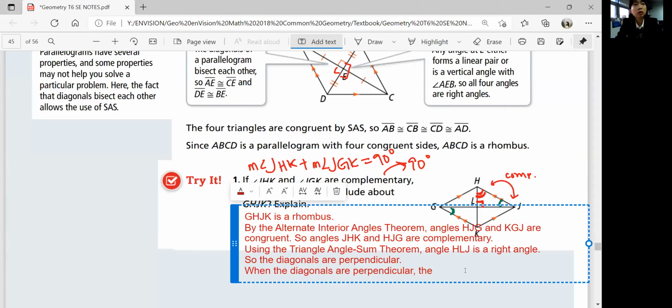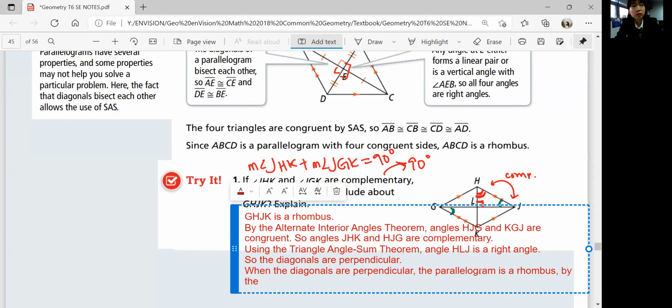the parallelogram, or the quadrilateral, or we can say parallelogram since it's given that opposite sides of parallelogram. Parallelogram is a rhombus by the converse of theorem 6-16.